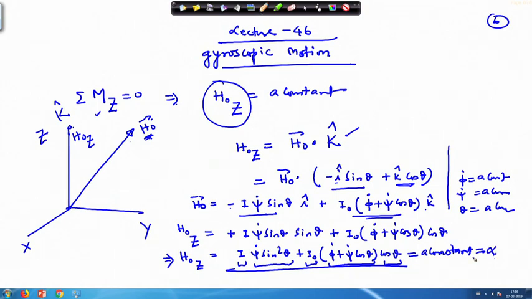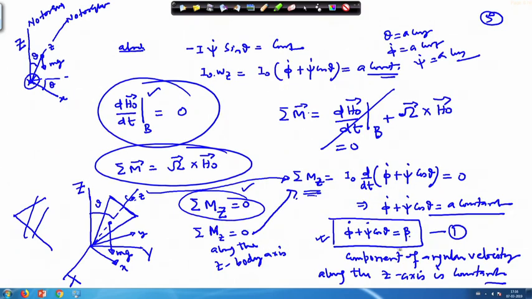Now, we utilize these two equations for solving further. So, alpha equals, if we go back and look, phi dot plus psi dot cos theta, which we have written as beta.